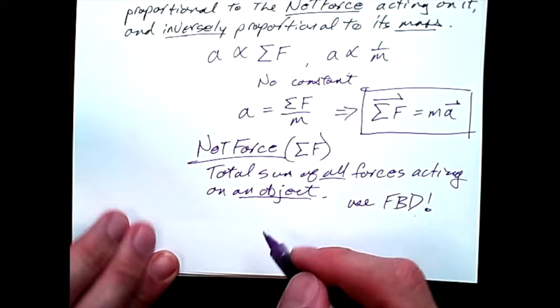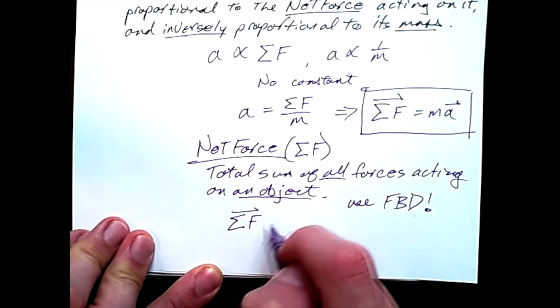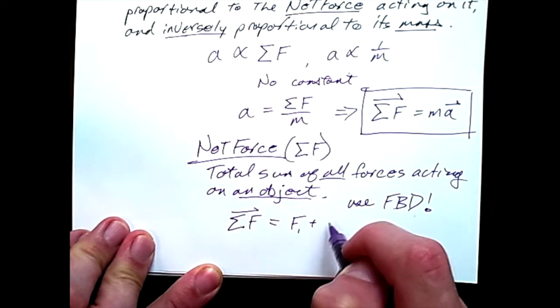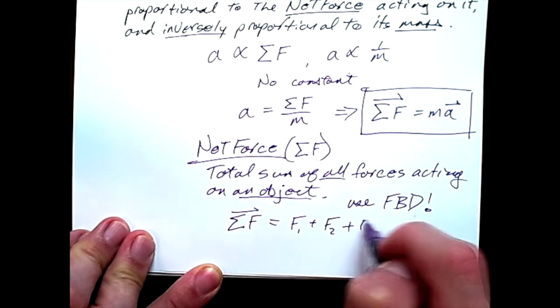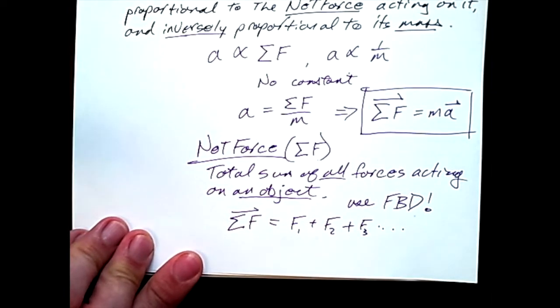So another way of thinking about this is that the summation of the total forces is the total forces added together, F1 plus F2 plus F3, etc., for however many forces there are. In AP, we will address how this evolves if F1 and F2 and F3 are in multiple directions. But for now, for linear directions, we'll just expect these to be either positive or negative values, all in the same dimension.